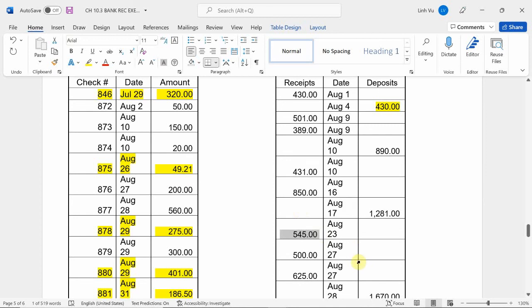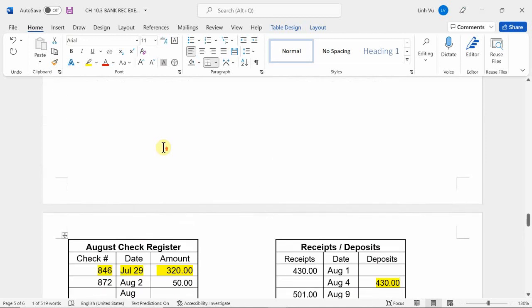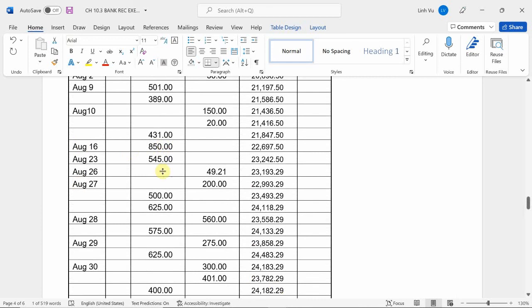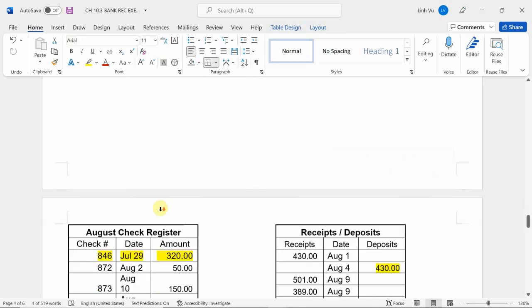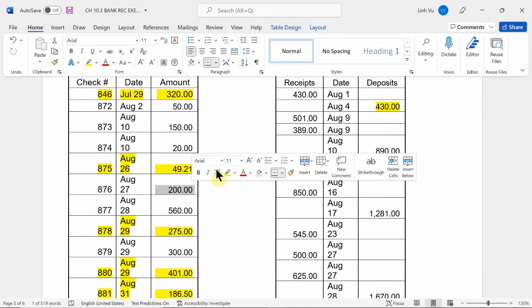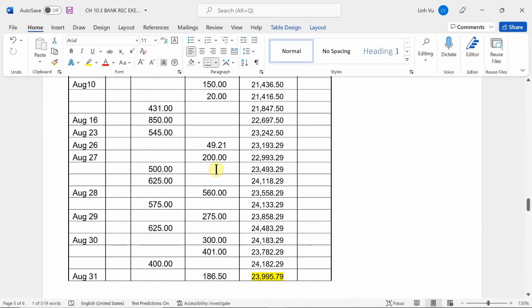So I saved it for the next time. So then the next one is, did I cut a check out for $49.21 and then another one for $200? I did cut one for $49.21 and for $200. So that is true.